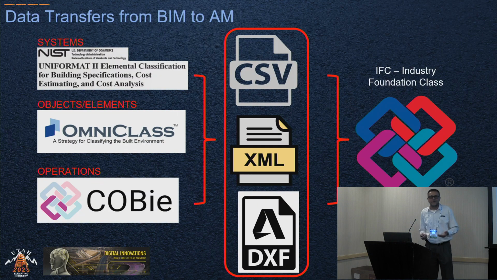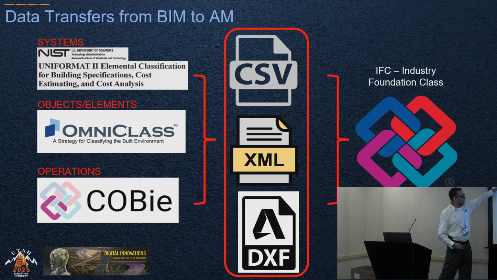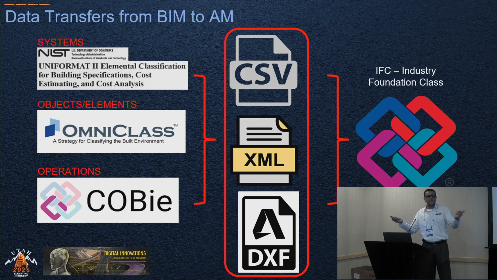And I said I was going to talk about 3 basic file types: CSV, XML, DXF. With those 3 basic file types, you can get all of the information that I talked about, from systems to objects and elements to operations, and translate and move that data across seamlessly almost any software package that you have. And most people miss that.